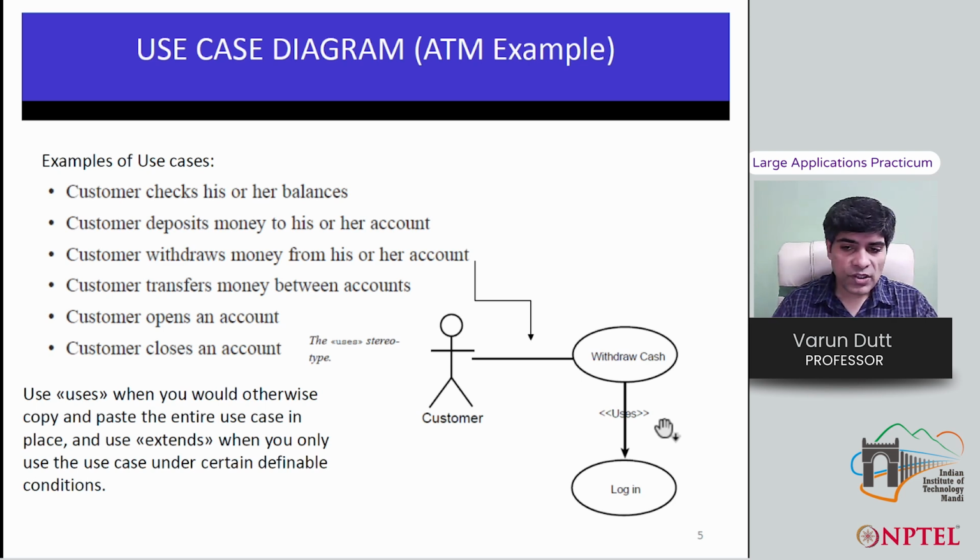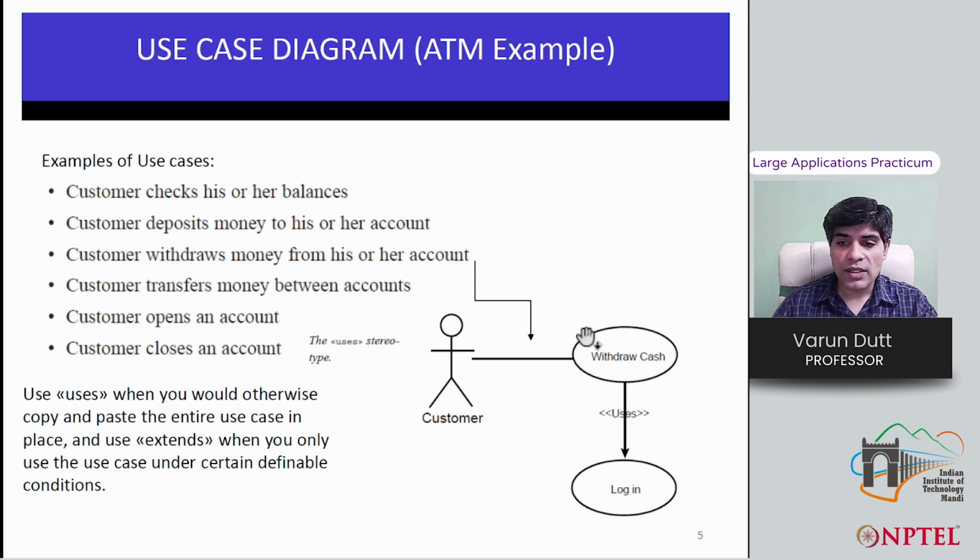Uses means that this particular functionality, withdraw cash, must have login mandatorily. Whereas if it was extends, the withdrawal use case may or may not use login. In this case, because it's a secure transaction, we need to have login as uses functionality, or the person needs to log in before a withdrawal can take place.